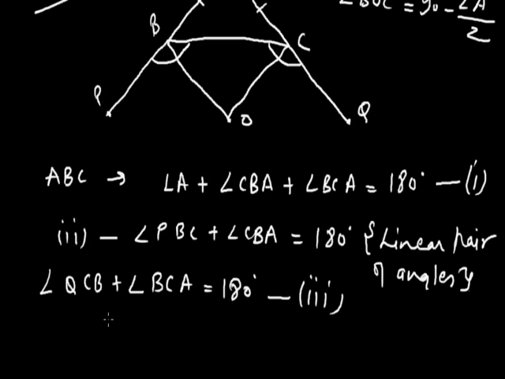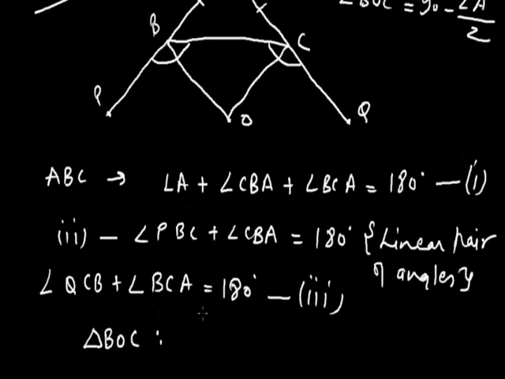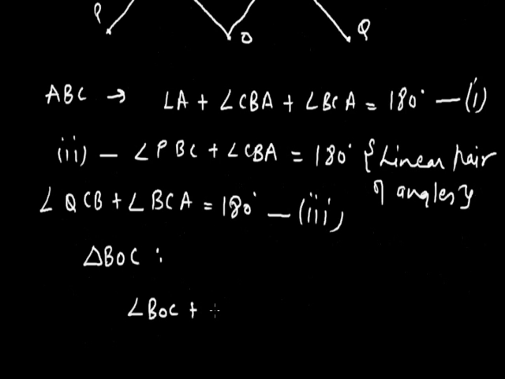Now see here that in triangle BOC, I can write the angle sum property for its interior angles as angle BOC plus angle OBC plus angle OCB is equal to 180 degrees.